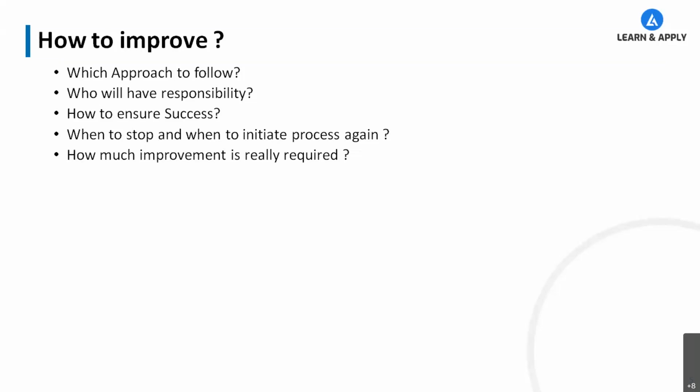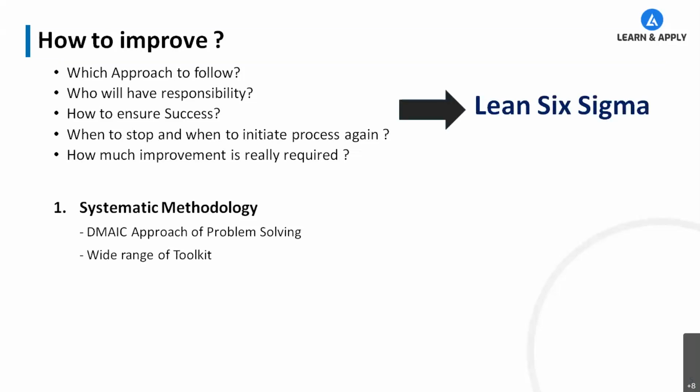And the promising solution for this is Lean and Six Sigma, Lean Six Sigma. We will see why this Lean Six Sigma approach is so essential and currently very useful all over the world for all these questions, because it contains two unique features. First is a systematic methodology.